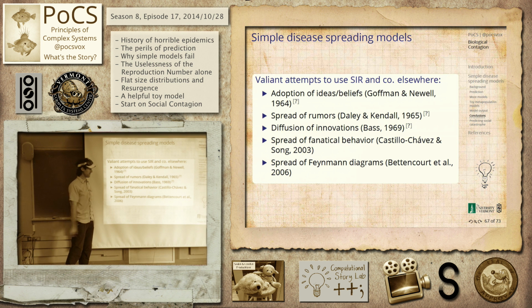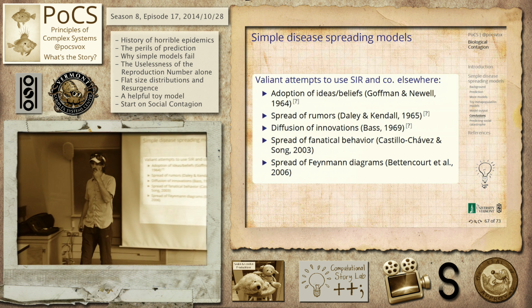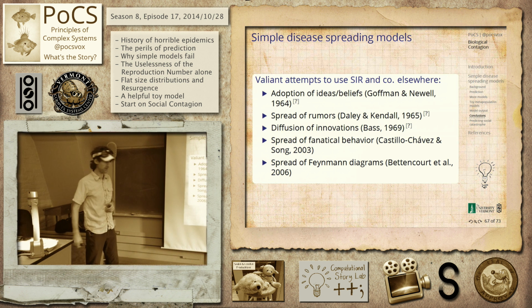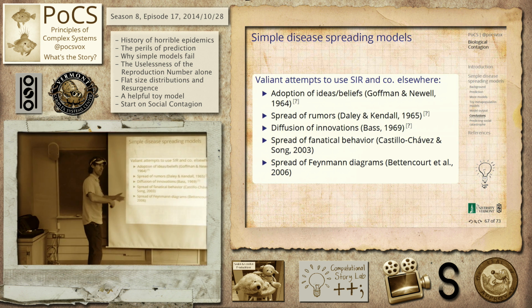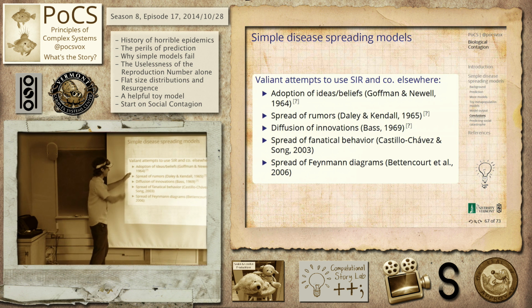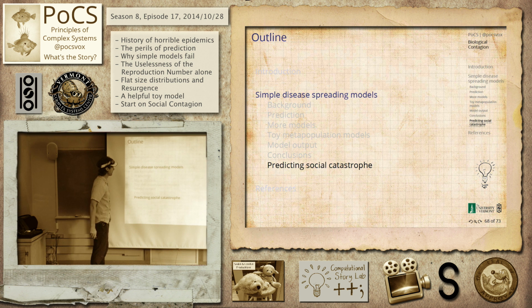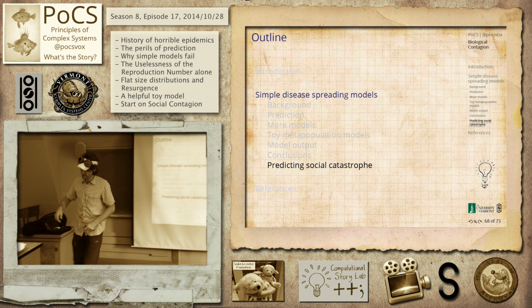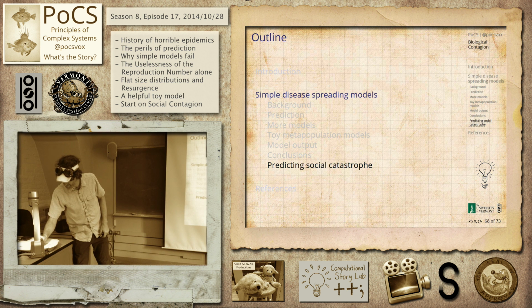Things like this, spread of Feynman diagrams. So Bettencourt we've mentioned actually, he's the cities person, right? And he's done very interesting work there, but this is the spread of people using Feynman diagrams in their work. You can think of all sorts of things, but this is that spread socially, and these are examples where people have used a little bit of SIR-ness. Did he use that? That's a good question.